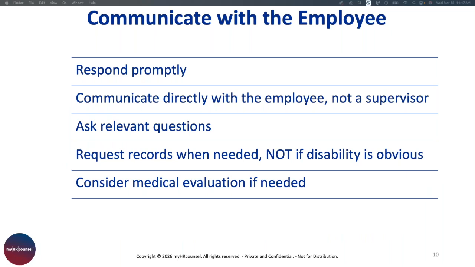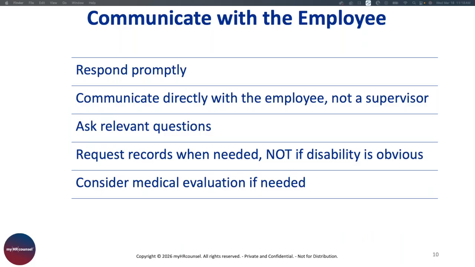As you're talking to the employee, ask them relevant questions so that you as an employer can make an informed decision about any request for reasonable accommodation. You could ask about the nature of the disability and the precise job-related limitations that they're experiencing because of their disability, the problems or workplace barriers in place because of the disability, the type of accommodation they're requesting, and what their qualifications are.